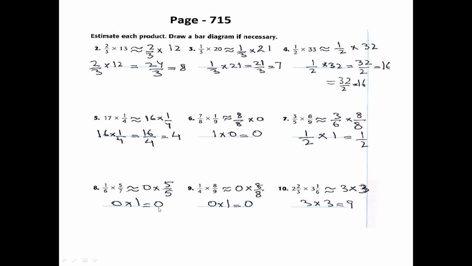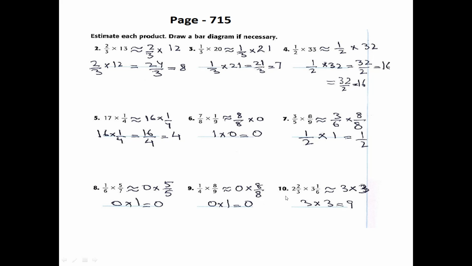So the answer to number 8 is 0. We have number 9. 1 upon 4 multiplied by 8 upon 9. We will change 1 upon 4 because there is a lot of difference. It will become 0. 8 upon 9 will become 8 upon 8, that is 1. In the next line, 0 multiplied by 1 is 0.